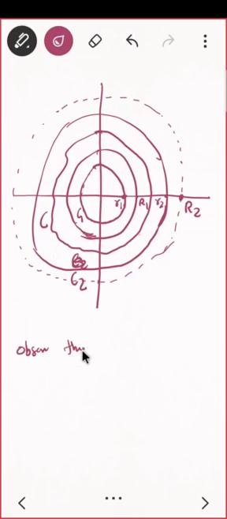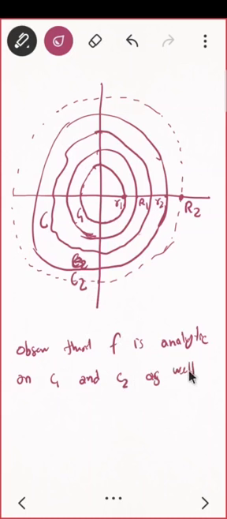Observe that f is analytic on C1 and C2, as well as the region in between, the annular domain between them.